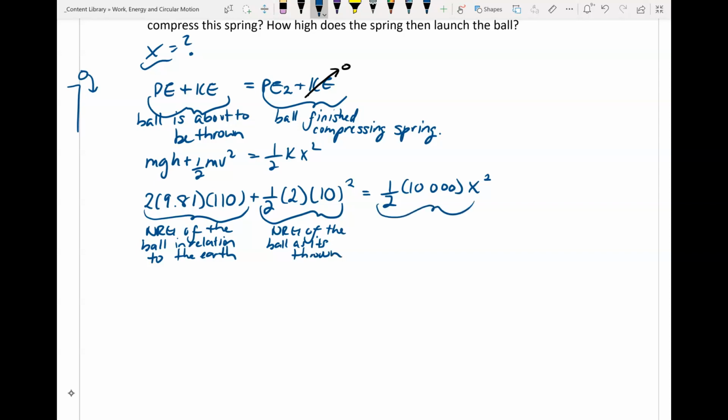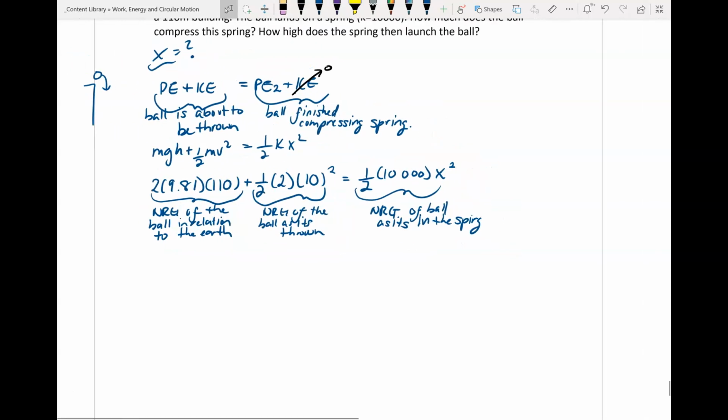And here is the energy of the ball as it's being held in a spring. Notice that when I write energy, I put NRG. It's just a short form, and an easier way to write energy when I have to write it down so many times. Okay, so I'm going to go ahead now and simplify this.